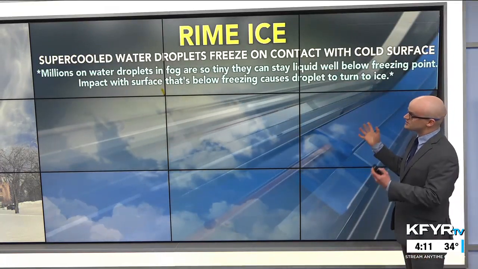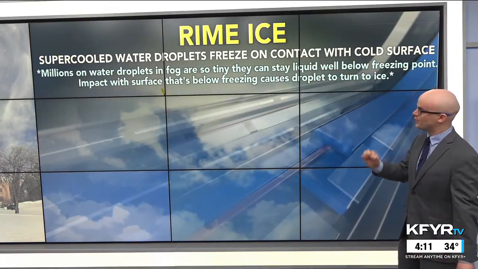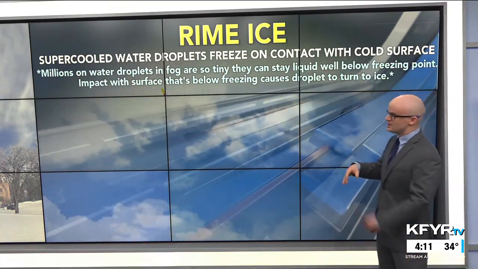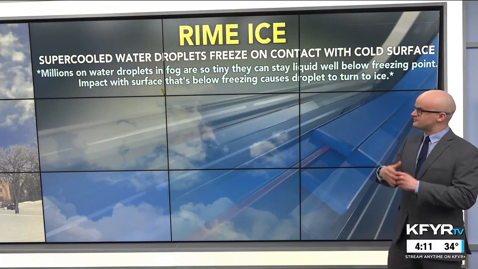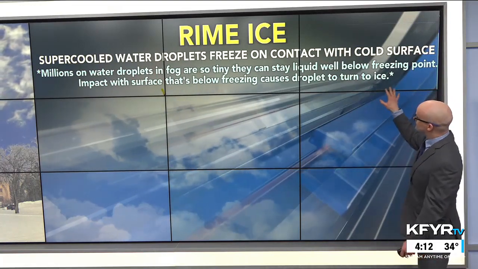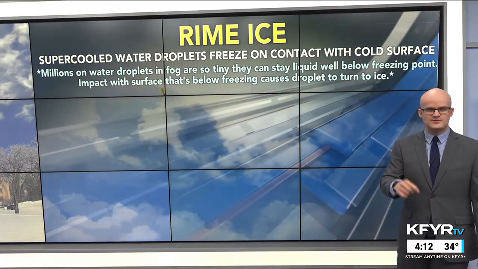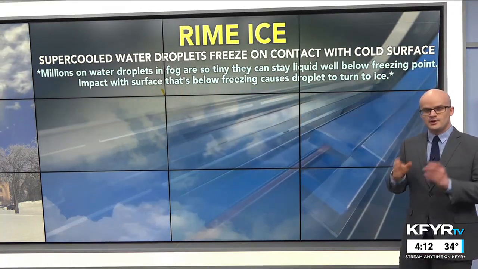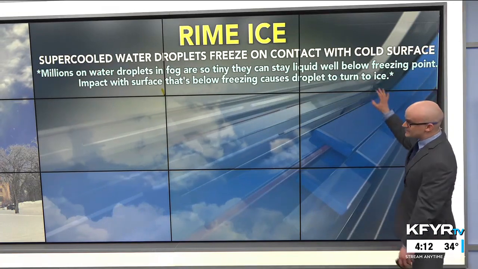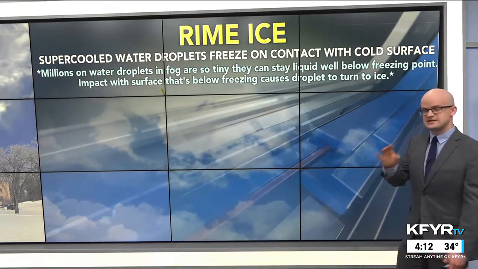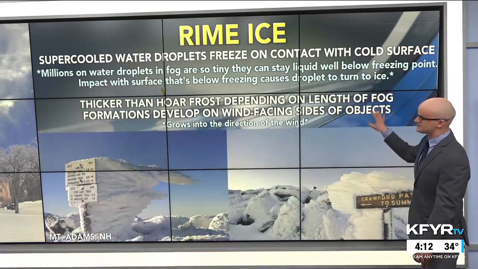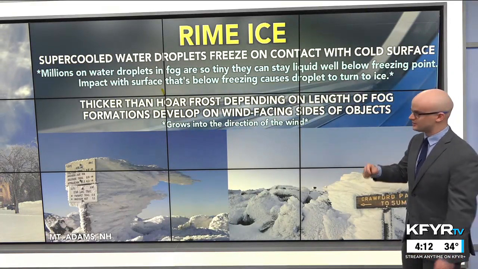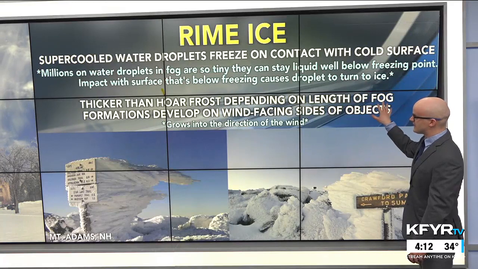Focusing more on the rime ice, the supercooled water droplets freeze on contact with a cold, sub-freezing surface. These millions of water droplets in fog are so tiny that they can stay liquid well below the freezing point, all the way down to minus 40 degrees in some cases, before they freeze. And the impact with a surface that's below freezing causes the droplet to turn into ice. Rime ice is usually thicker than hoarfrost, depending on the length of the fog.